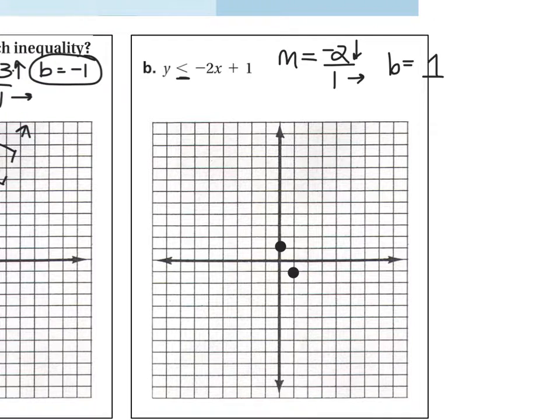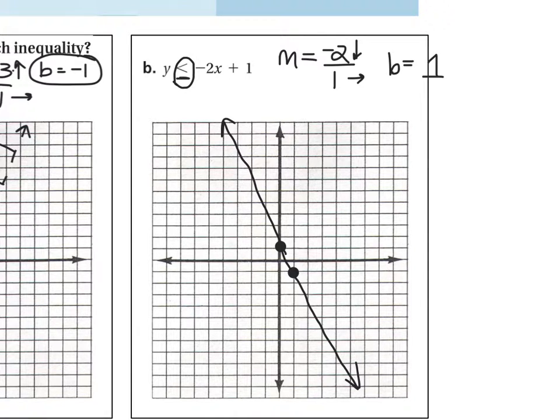Okay, now, again, I'm trying to decide, is there a line underneath this symbol right here? There is. So in this case, this is less than or equal to. So because there's a line underneath, I am going to make this a solid line. So it's going to be solid all the way through, just like so.